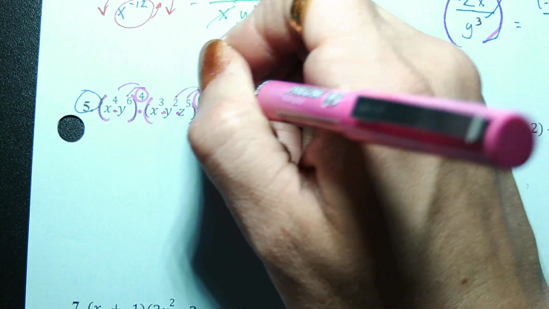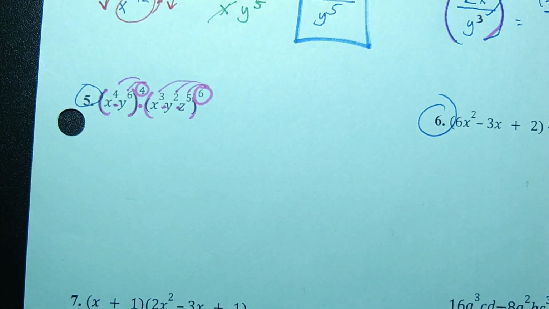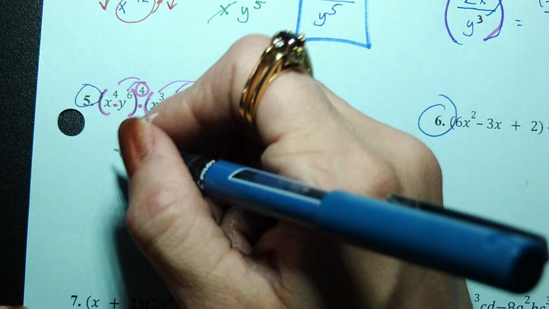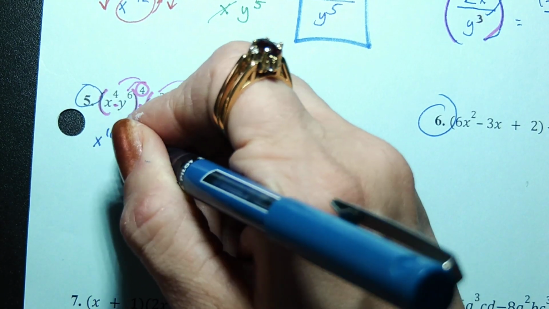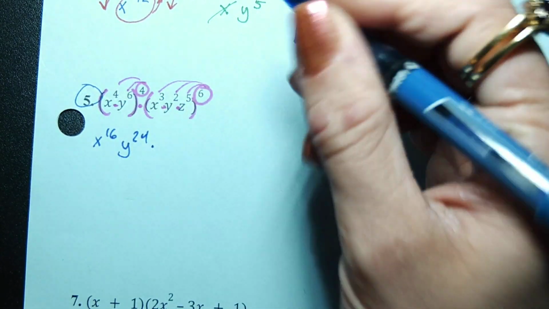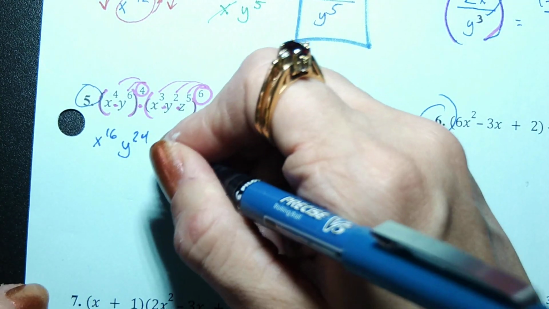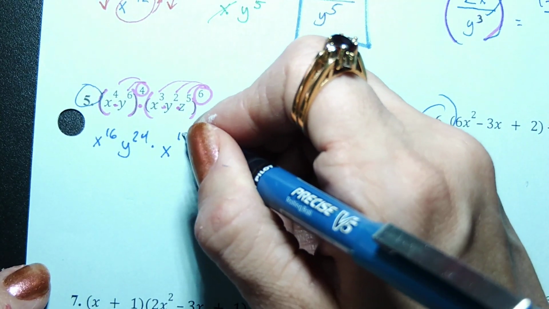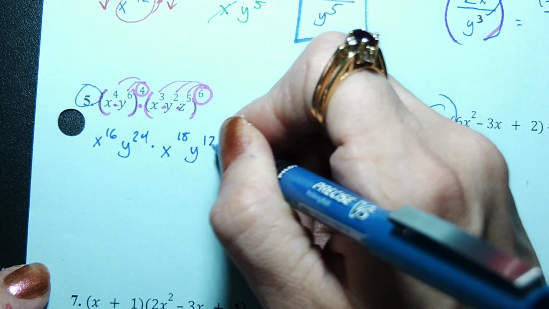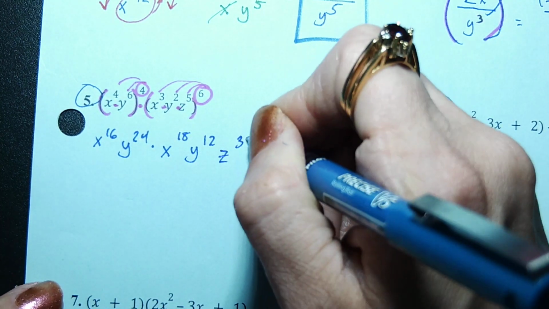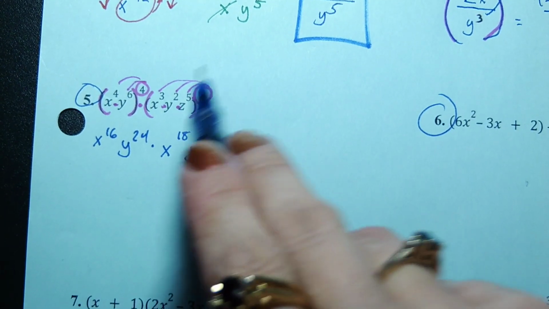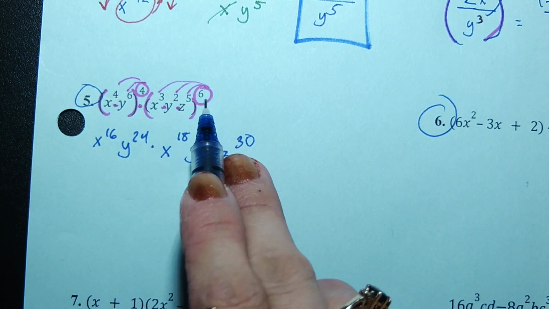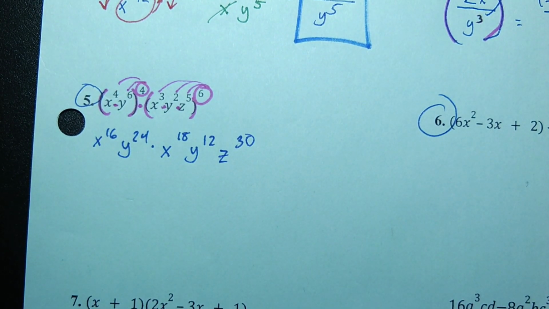So we're powering up. So x to the 16th, y to the 24th, still multiplication. X to the 18th, y to the 12th, c to the 30th. Because we're powering up. So that little 4 and that little 6, those are powering up those 2 parentheses.